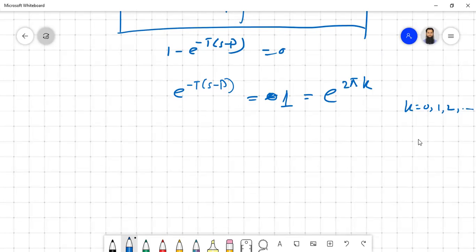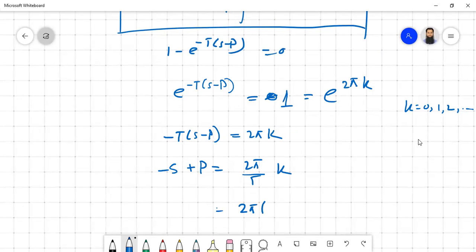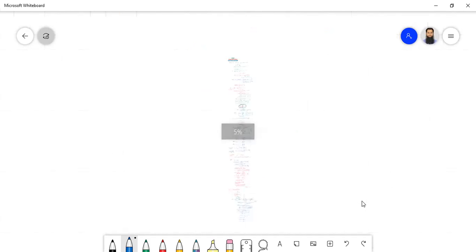So based on that, minus T(s minus p) equal to twice pi k. So minus s plus p equal to twice pi by T times k, and twice pi by T is the sampling frequency fs. So we can also write in terms of the frequency, in terms of omega.